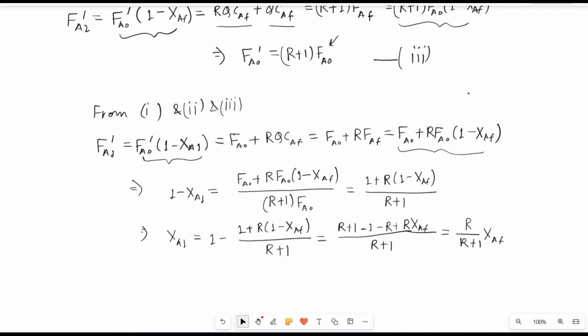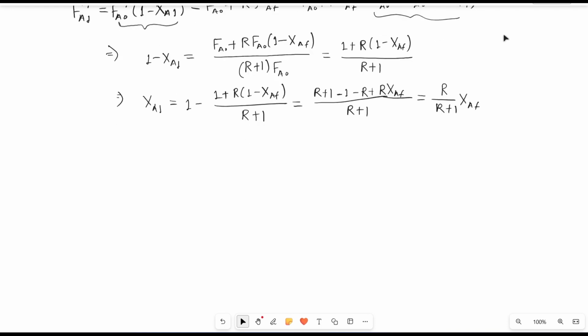So XA1 is R by R plus 1 XAF. So relative to the whole system, the conversion at point 1 is R by R plus 1 XAF.